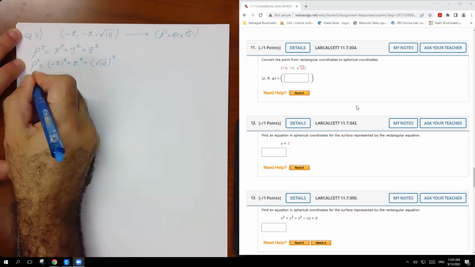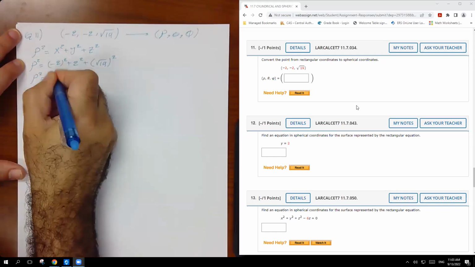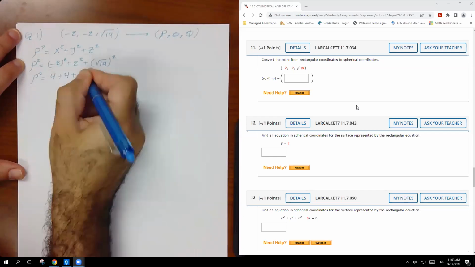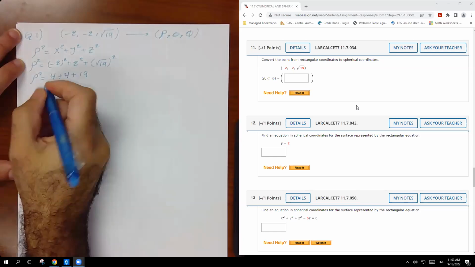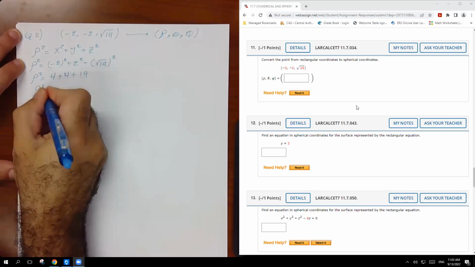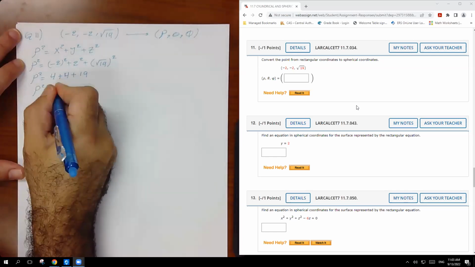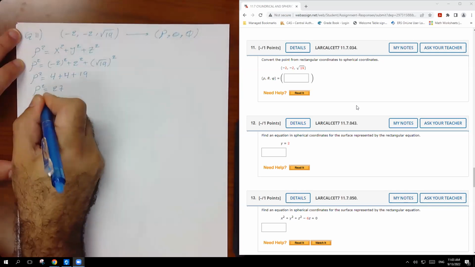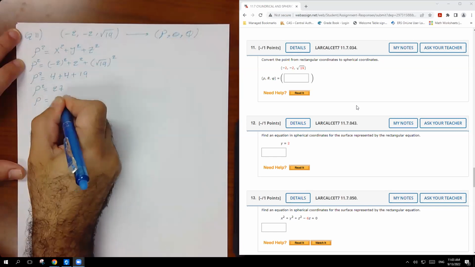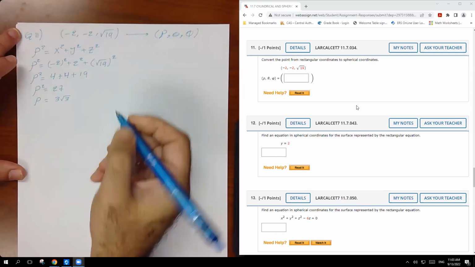This is going to be 4 plus 4 plus 19, so rho squared is going to be 27. Take the square root of both sides, so it's going to be 3 square root of 3. I'm done with this one.